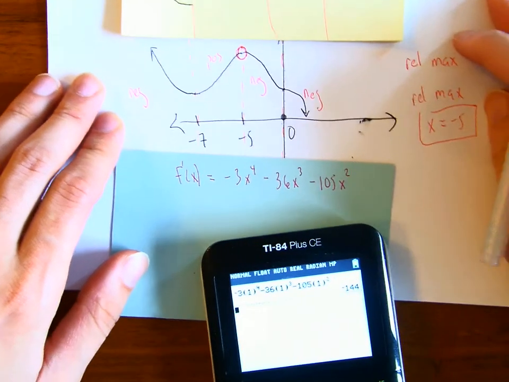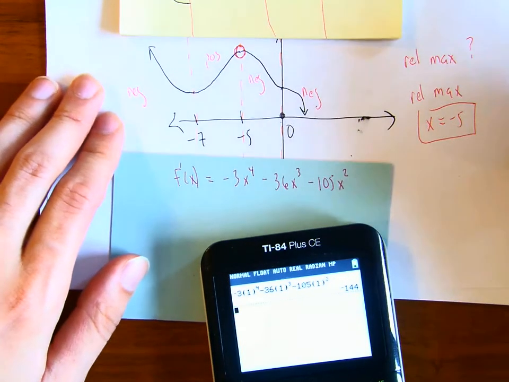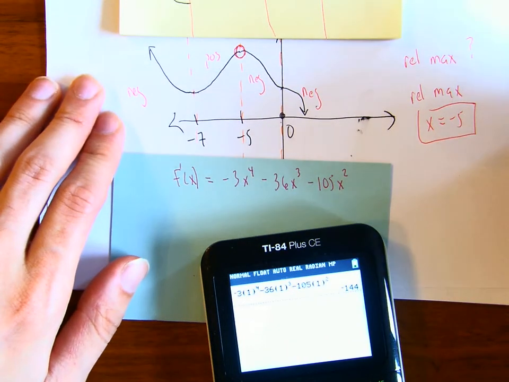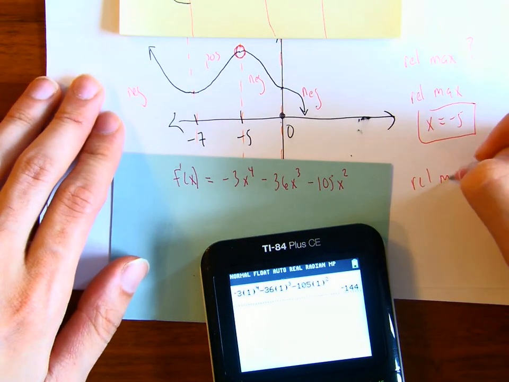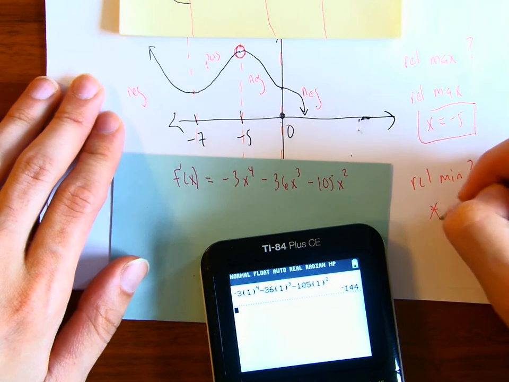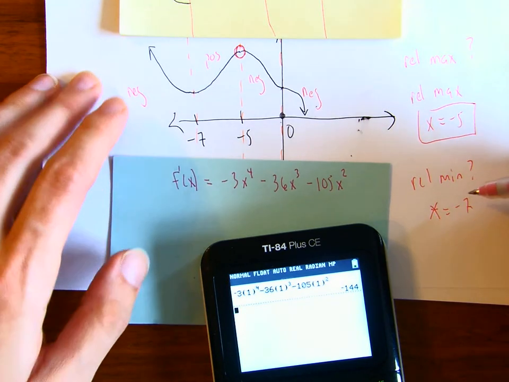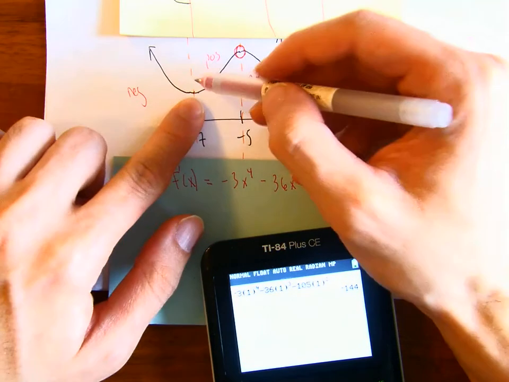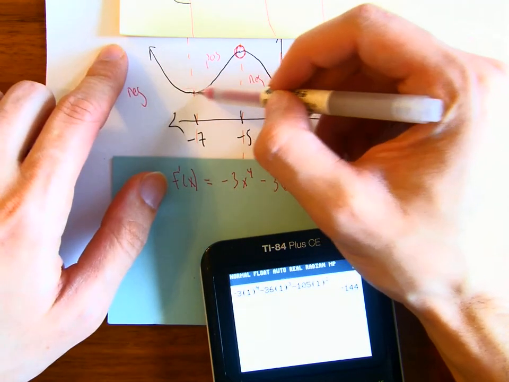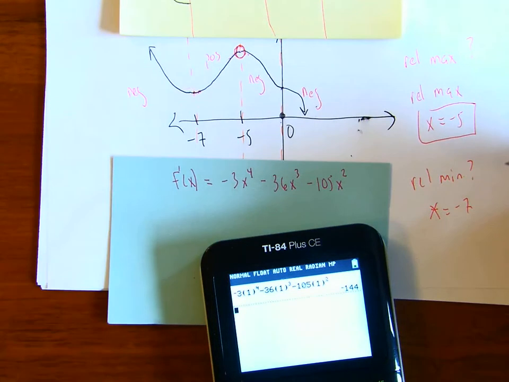And that's how you solve it, because you found that it had one relative max. What about where is the relative min? The relative min is at x equals negative 7 because it goes from negative to positive. Like when you have a negative to positive, you have this cusp of a min. This cusp is a max.